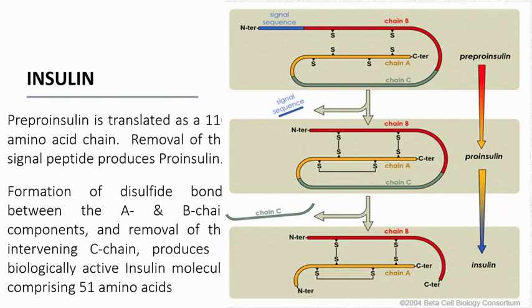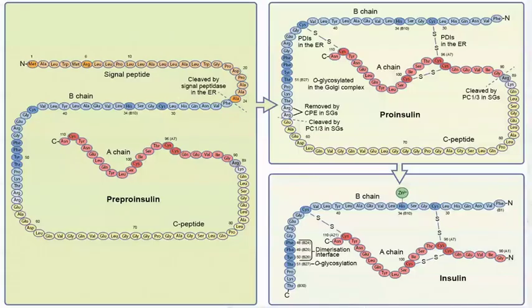As you can see, you have the ABC chain. The B chain is in red, the A chain is, I think, yellow, and the C chain is probably in ash color. When the C chain is removed, you have only chain B and chain A, which are now connected through disulfide linkages. That is the active form of insulin, containing just about 51 amino acids. The rest have been cleaved off.